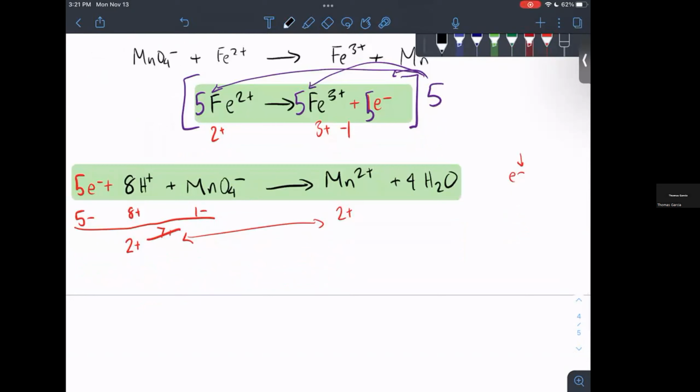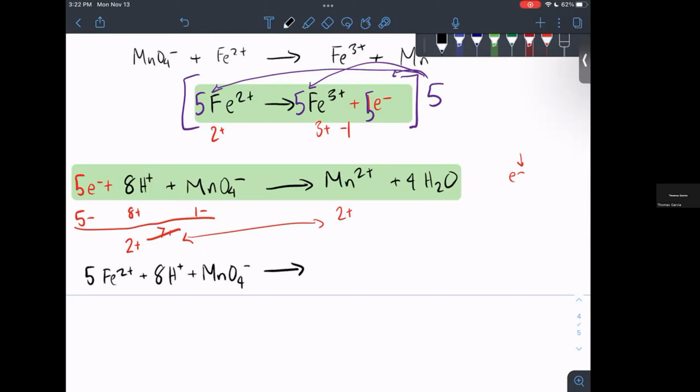Now I can combine these two. I will have 5Fe2 plus on the left from the oxidation, plus 8H plus on the left from the reduction, plus MnO4 minus on the left because of our reduction.